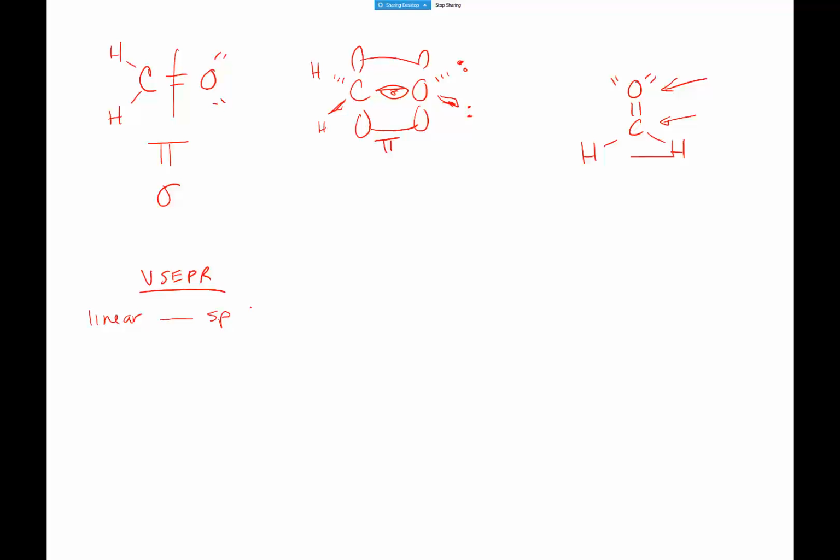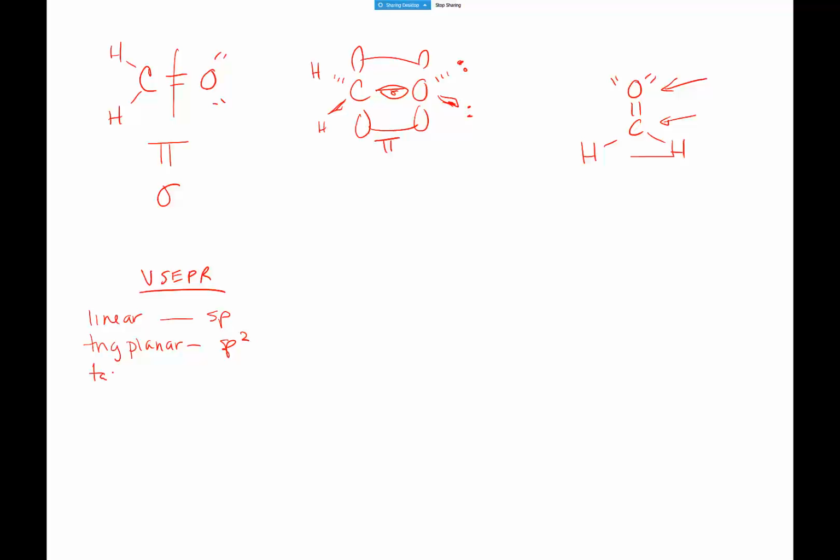Here's the critical part: the hybrid orbitals generate the geometry, not the p orbitals. Only the hybrid orbitals generate the geometry. So when you have two hybrid orbitals, again, big balloons, they're going to be as far away from each other as possible. So linear is sp, and then trigonal planar is going to be sp2, because now we have three, and I'll sketch out the pictures of this in a moment.